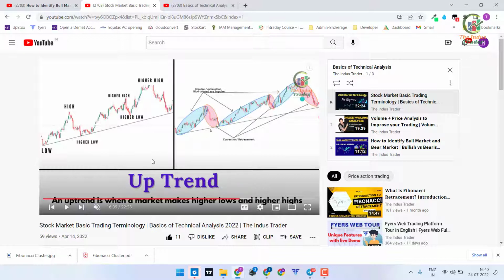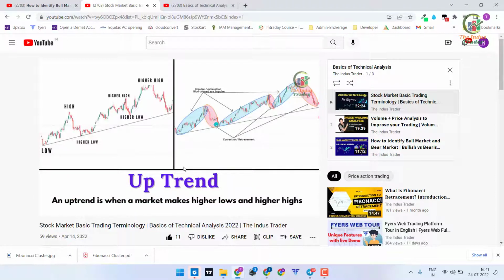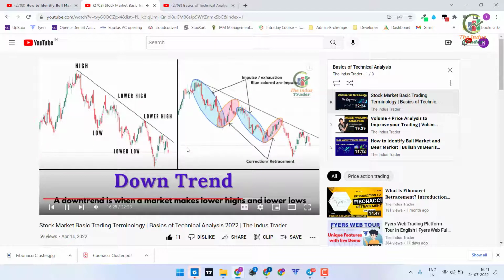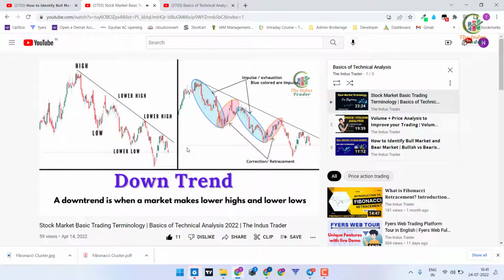You can see uptrend, and let me play the video. Market rallies like that, we call it impulse, and when it gets down, it's called correction. So this is the uptrend. You can easily identify it with the naked eye. Nothing to worry. By the end of this course you will identify it with the naked eye.